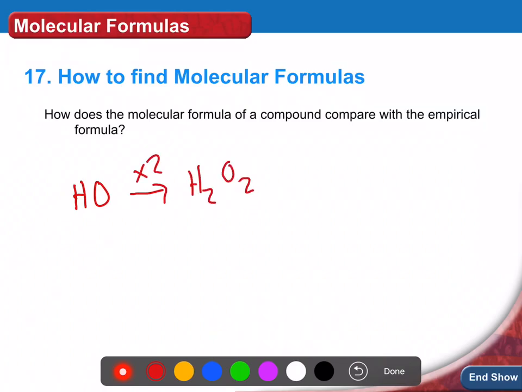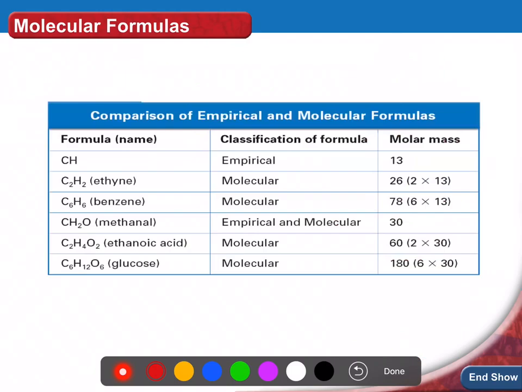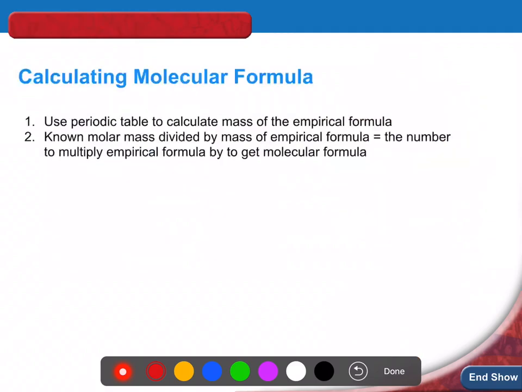And to find it, you're going to use its molar mass. So find the empirical formula first, and then once you know the molar mass, you will divide the molar mass of the molecular formula by the molar mass of the empirical formula, and that tells you how many times to multiply by.